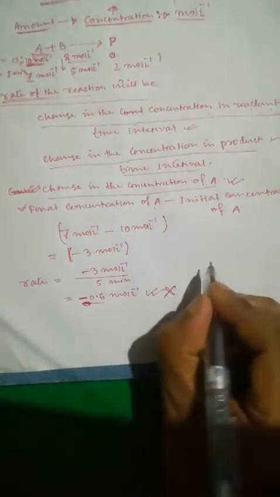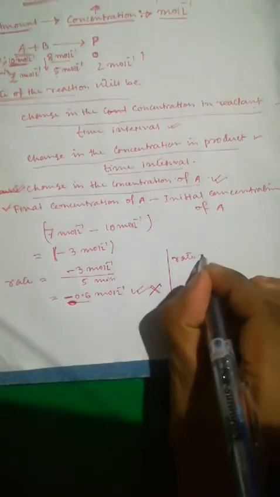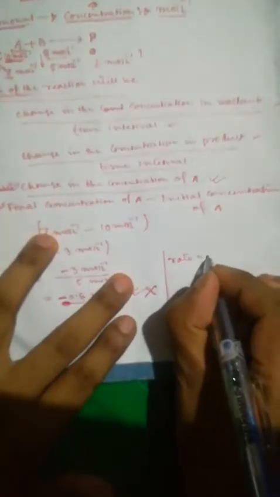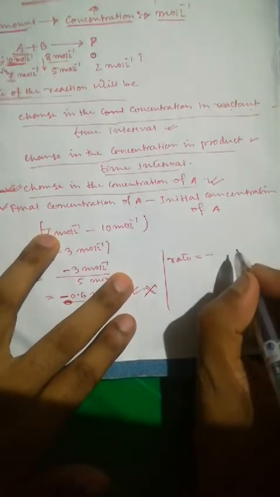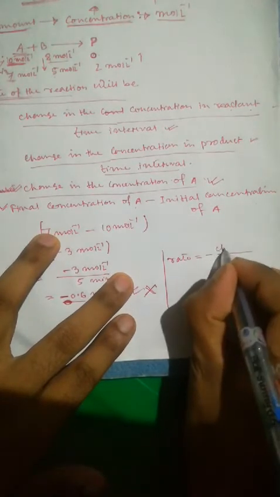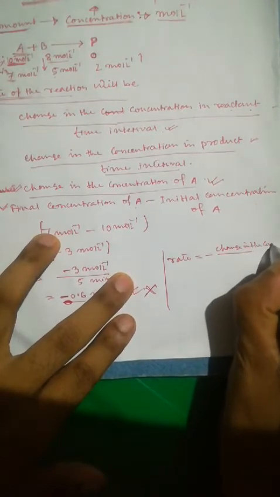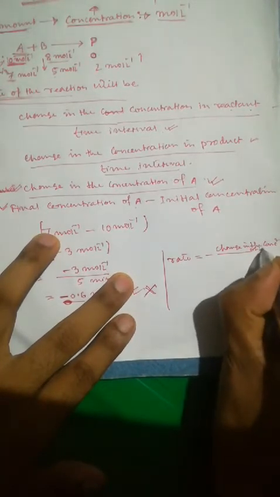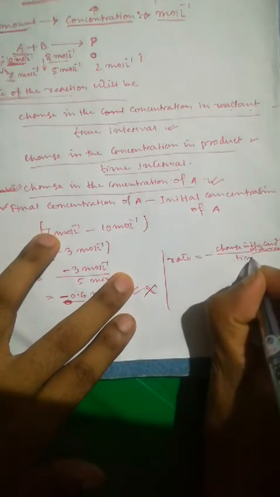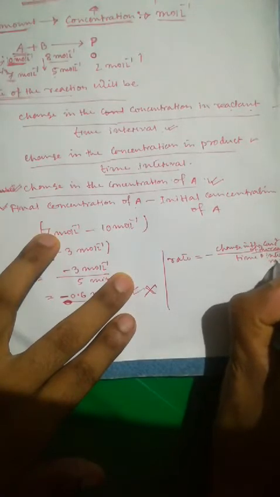So for this, for the rate in terms of the change in the concentration of the reactant, we will put a negative sign before the formula. So negative, then change in the concentration of the reactants divided by time interval, right?